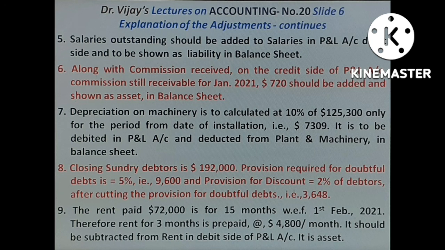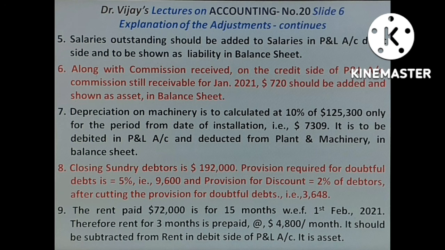7. Depreciation on machinery is to be calculated at 10% per annum for the period from the date of installation only. So it will come to 7309. We have to show it in the debit side of profit loss account and to be deducted from plant machinery in balance sheet. Closing sundry debtors is 1,92,000. Provision required for doubtful debts is 5% of that, that is 9,600.